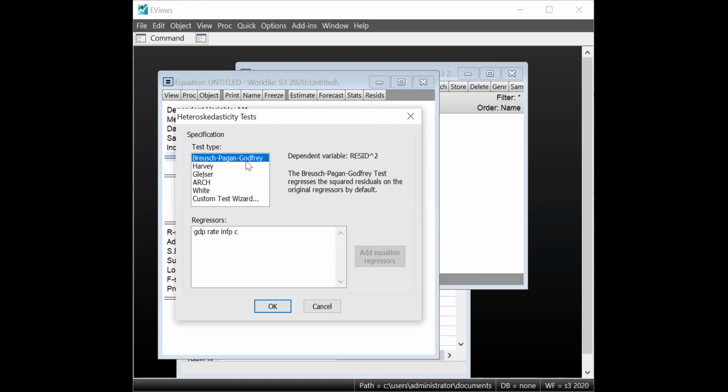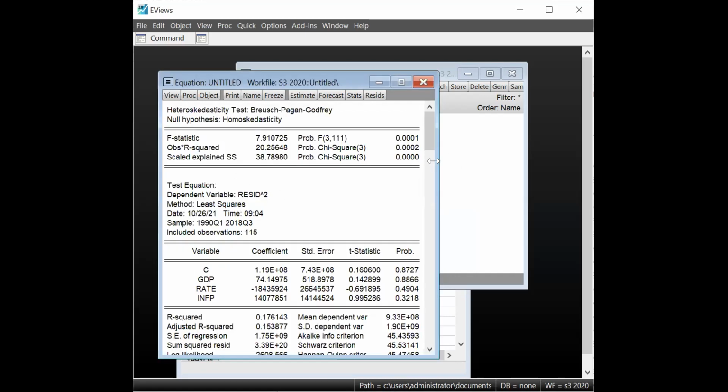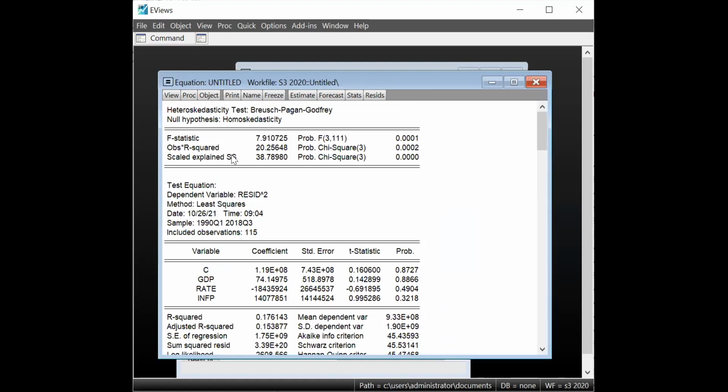For example, we have this Breusch-Pagan test. Now we have the null hypothesis here. The null hypothesis is homoskedasticity. The alternative hypothesis is heteroskedasticity. Here we have a statistic of 7 point something, and the probability value is 0.00. This means we reject the null hypothesis.